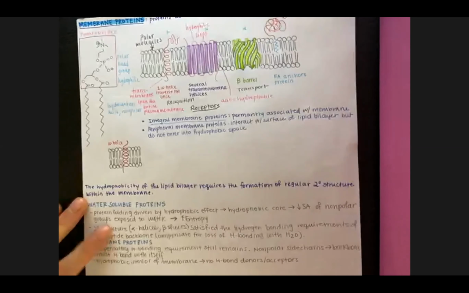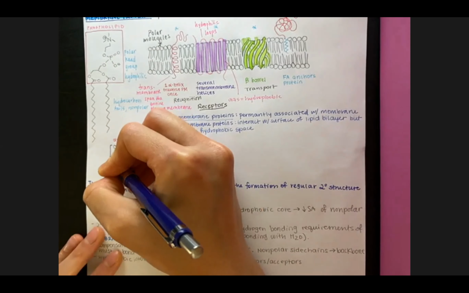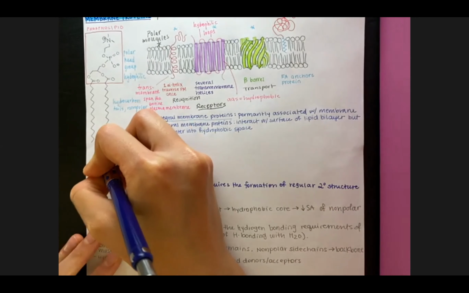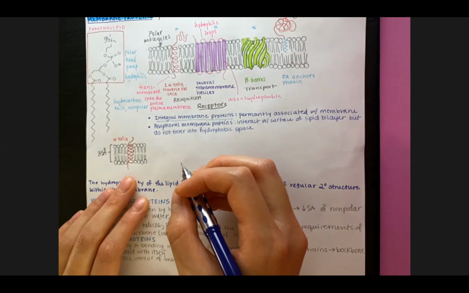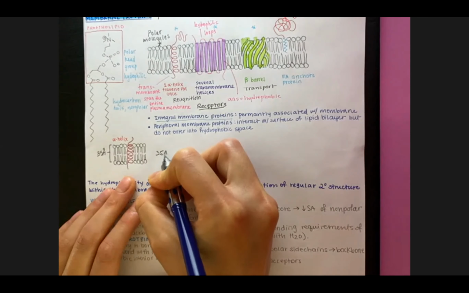Okay. So I've drawn another alpha helix here, and the bilayer is 35 angstroms in depth, so from that we can determine how many turns an alpha helix will have in here.